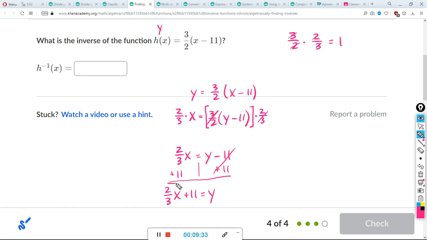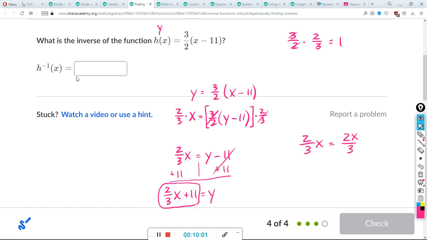This is it right here: 2/3 x plus 11. And just so you know, 2/3 x is the same as 2x over 3. If the x is in the front of the fraction or in the numerator, that's the same thing.